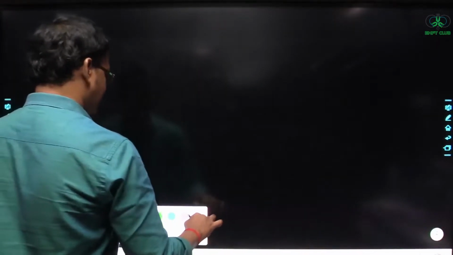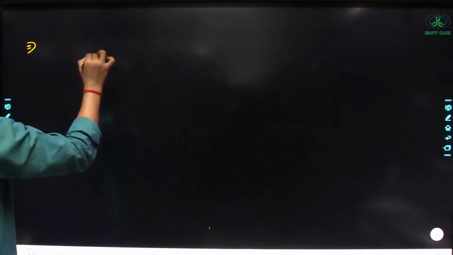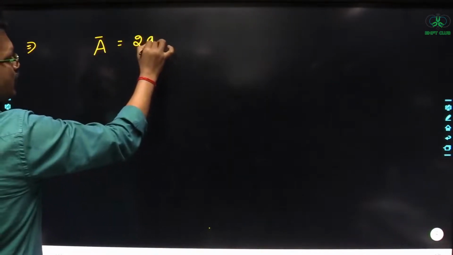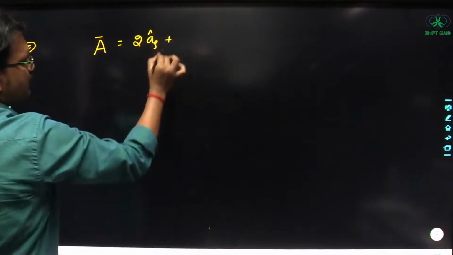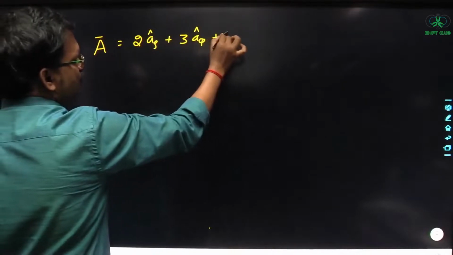Now if I consider a vector in the cylindrical coordinate system, let us say a bar is equal to 2 arrow cap plus 3a5 cap plus 4az cap.